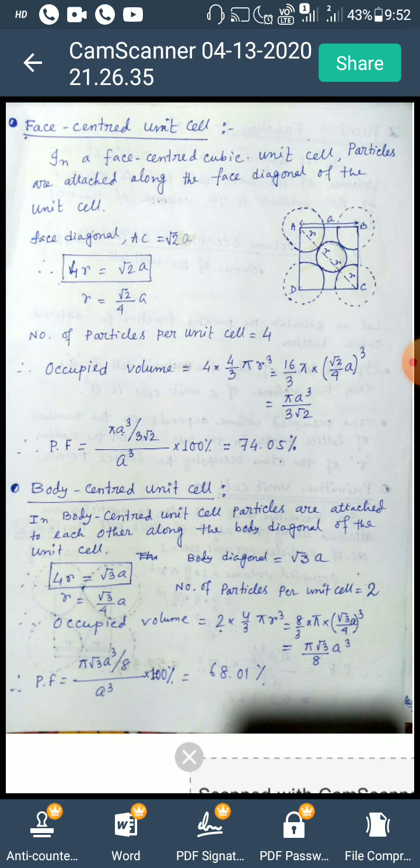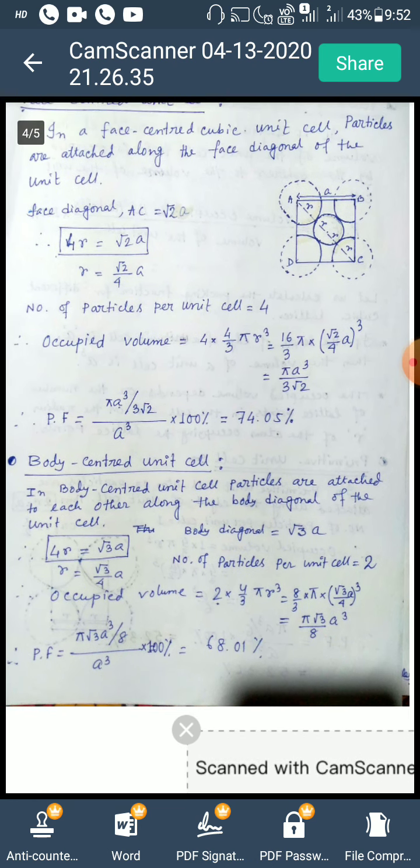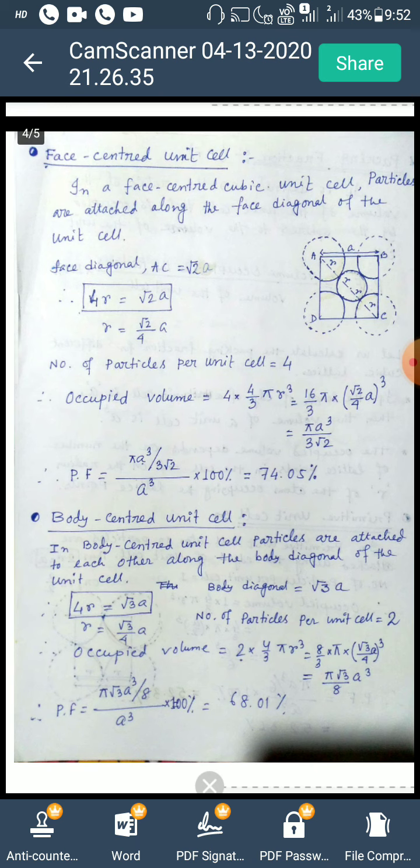Now, packing fraction in a body-centered unit cell. Here you have to remember that it is very difficult to show a three-dimensional structure on a two-dimensional page, which is why I have not drawn the diagram of the body-centered unit cell.